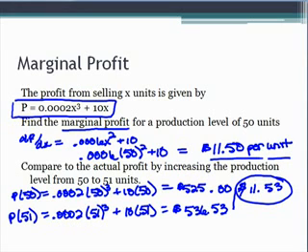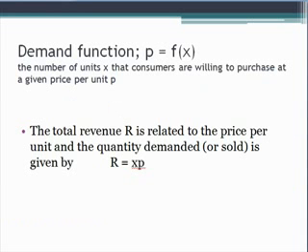So usually when you do a reduction in price, that'll cause the profit to decline because you're not bringing in as much money. So the number of units that consumers are willing to purchase at a given price per unit. Okay, so p is the price.